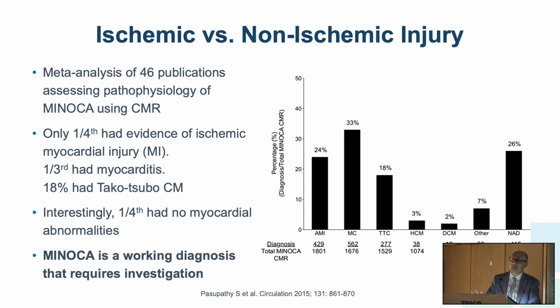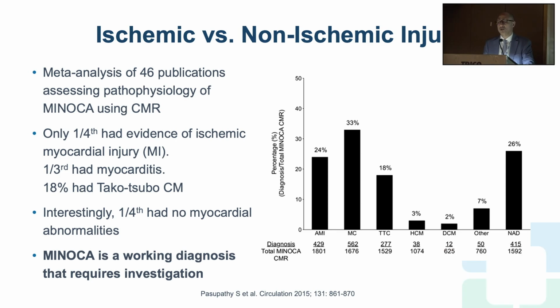It's sometimes not easy to distinguish between ischemic and non-ischemic injury. It's important to know that, because even though sometimes the clinical presentation seems quite obvious, it surprises us how often we can be wrong.